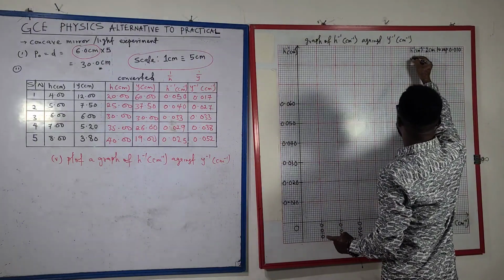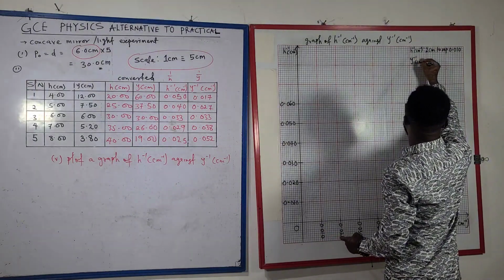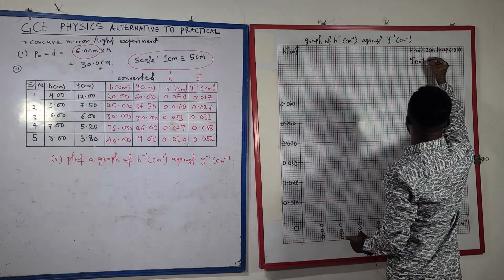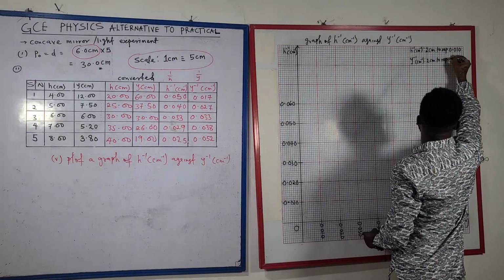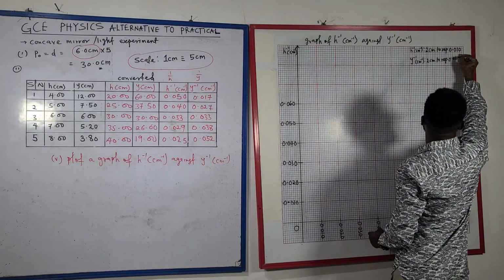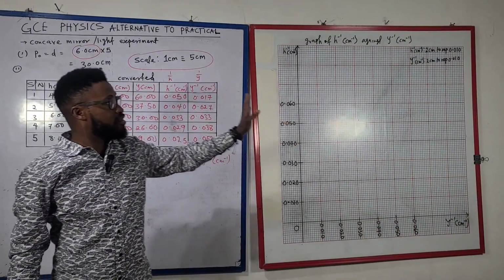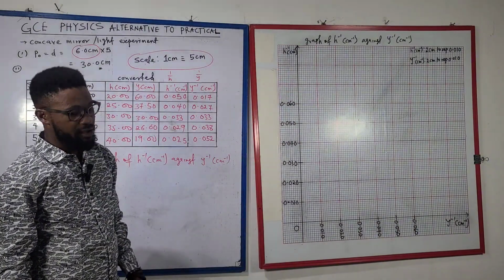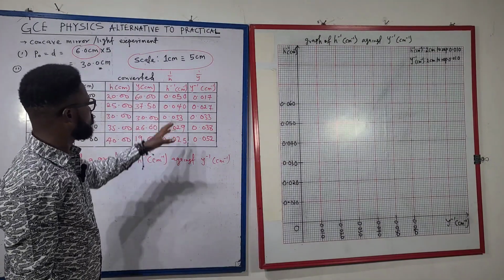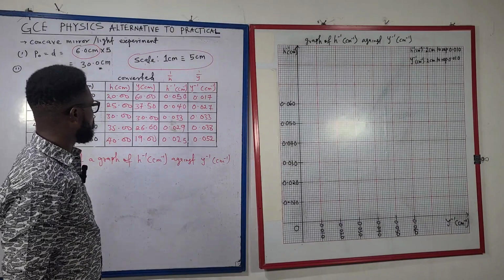And of course, on my y raised to power minus 1 axis, also in per centimeter, that is 2 centimeters to represent the same 0.010 units. That is your scale somewhere around the edge of the graph. So now let's get into locating our points and of course getting the job done.